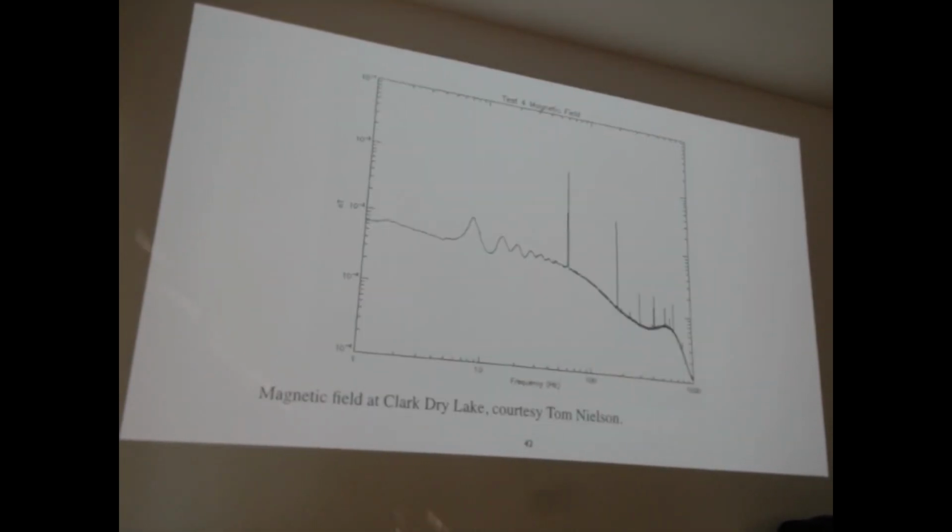And if you look at the Earth's magnetic field spectrum at 8 hertz, you get a peak. And that's called the Schumann resonance. And that's all the world's lightning creating a standing wave in the ionosphere cavity.